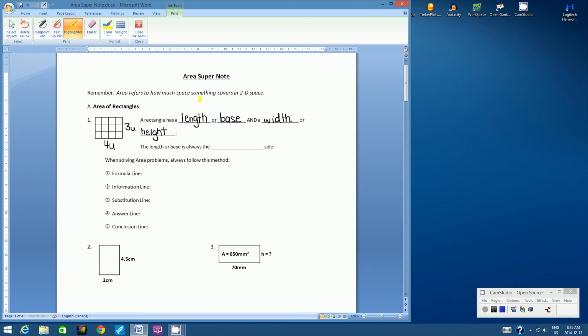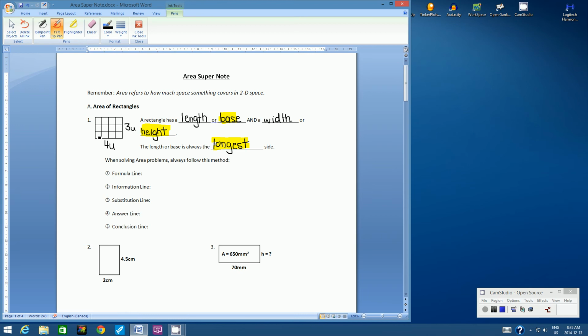However, in grade 7, we start to look at these measurements as the base and as the height. So we're going to be using these terms more often. The length or base is always the longest side. Okay, very important. The length or base is always the longest side.